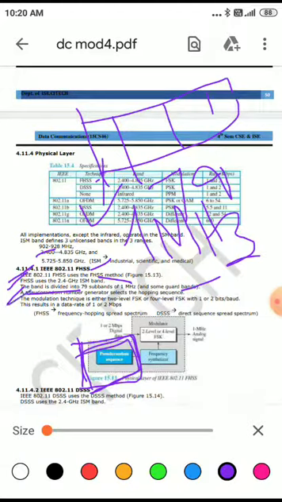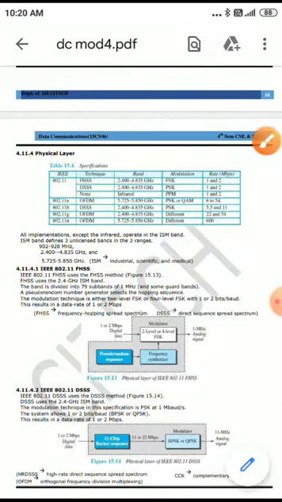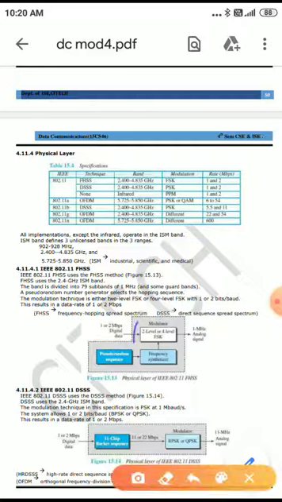Next, the modulation technique is either 2-level FSK or 4-level FSK with 1 or 2 bits per baud. We are going to use 2-level or 4-level FSK. What is meant by FSK? Frequency shift keying.